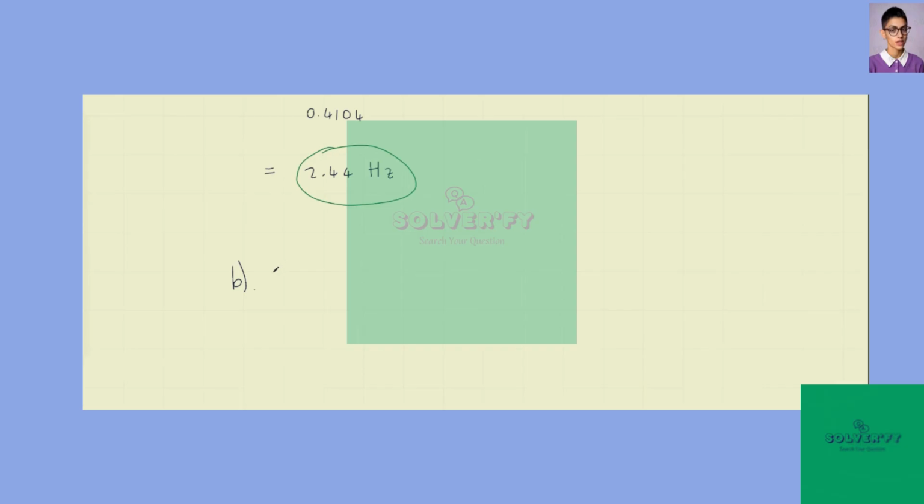Now, the initial speed is the maximum speed, and that can be used to find the amplitude. So this maximum speed v max is equal to the amplitude A times the square root of k over m. If we rearrange, we get the amplitude A is equal to v max times the square root of m over k.